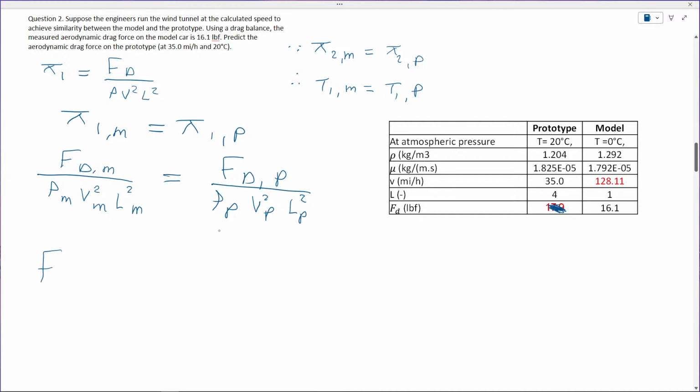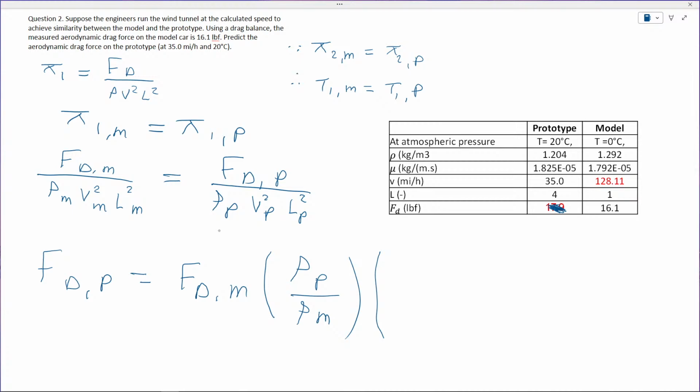So I will say the drag force of the prototype, this is the one we are interested in, is the drag force of the model times rho prototype over rho model, times what? Did I do this correctly?